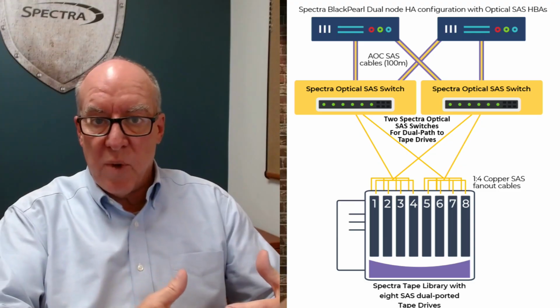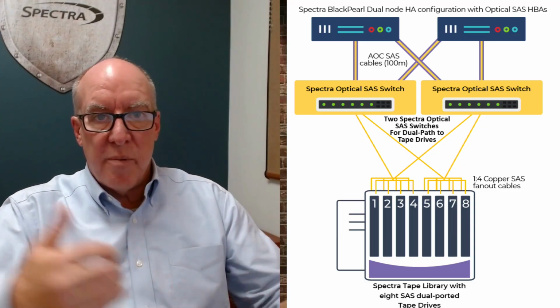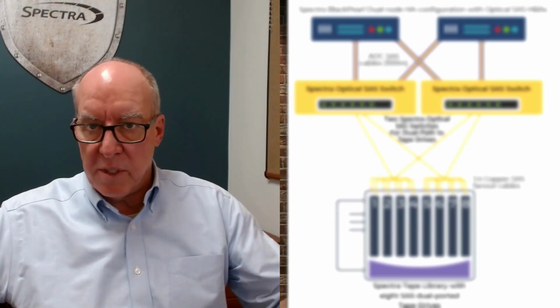So you can actually string these switches together like repeaters in a SAS network and have 100-meter cables between up to 10 switches, and that gives you great flexibility for your fabric all the way across your data center. If your servers are in one rack over here, but your tape library is all the way on the other side, and maybe you need to connect to some JBODs in the middle, you can create a fabric of multiple SAS switches, all connected through to the same host, or multiple hosts.